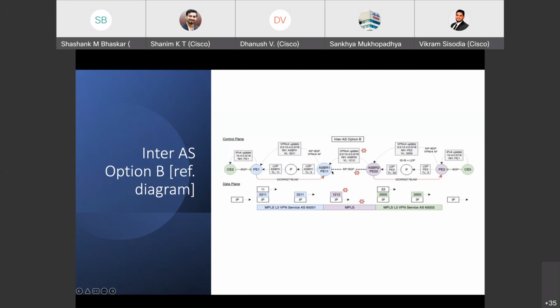You can just send a VPNv4 label packet to ASBR2, and ASBR2, whatever the destination IP address of the packet is, should know it via the internal MP-BGP session, and send it to P3. So you do not need to worry about the transport labels across the autonomous system boundaries. The P routers and the ASBRs within the autonomous systems take care of their own transport, and in between the ASBRs, you can just send VPNv4 label packets.